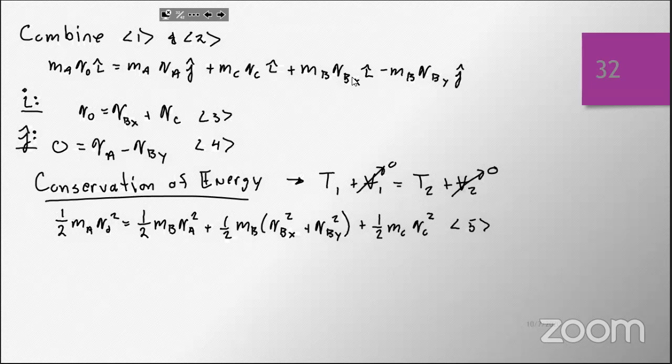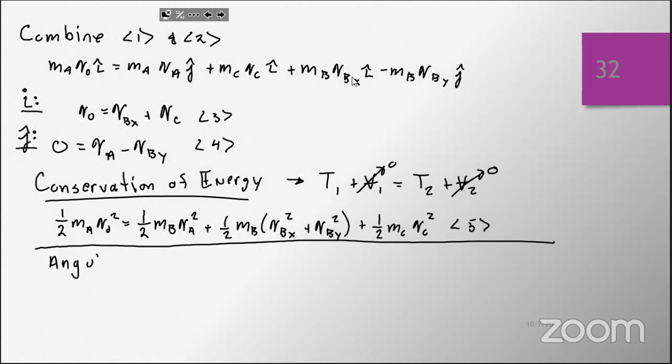So the final equation comes from angular momentum, which tells us that angular momentum at the beginning has to be equal to the angular momentum at the end, because we have no impulses.